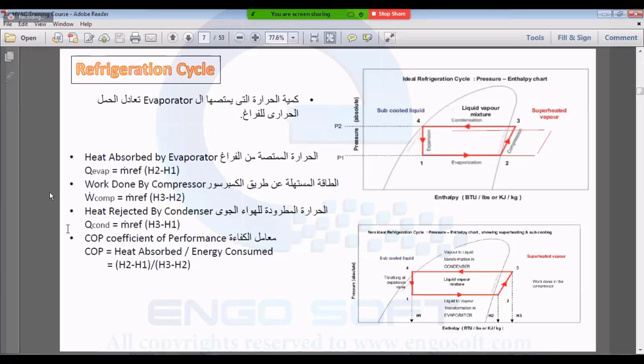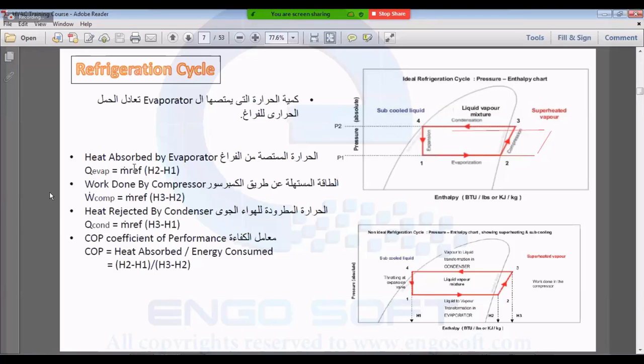To determine the coefficient of performance, which is the heat absorbed divided by the energy consumed, or the work of the compressor, we have to determine first the heat absorbed by the evaporator.